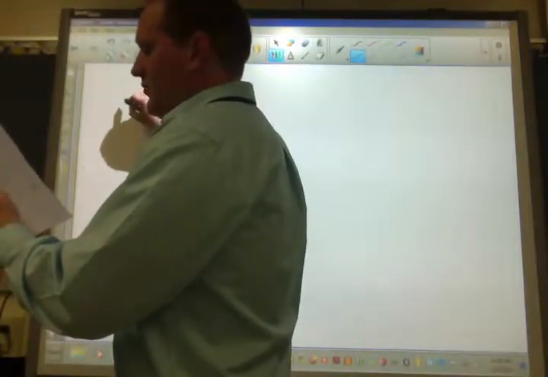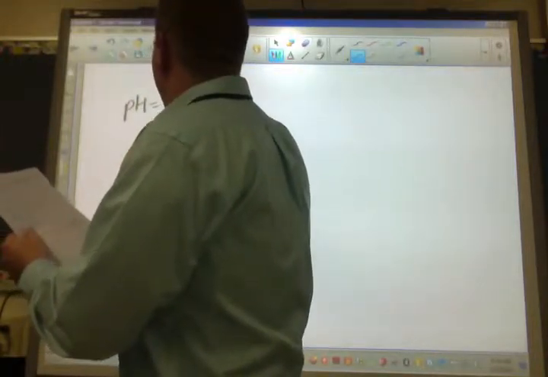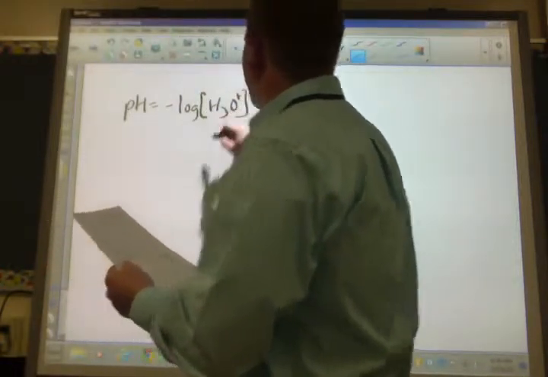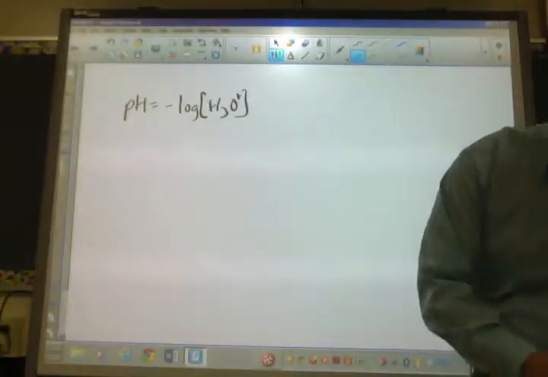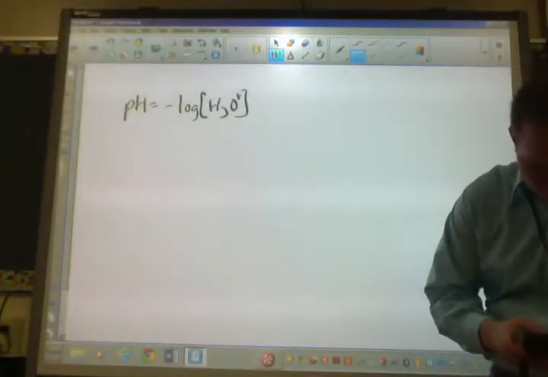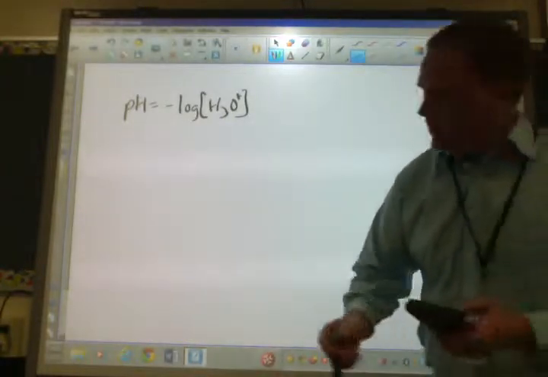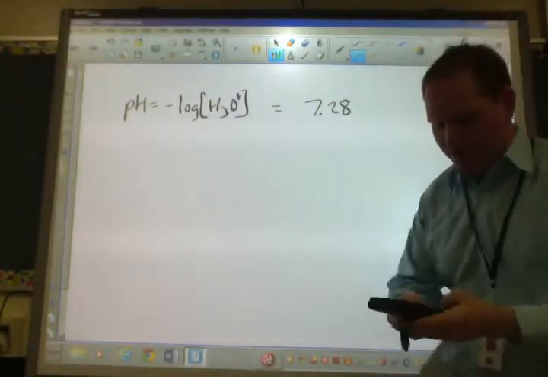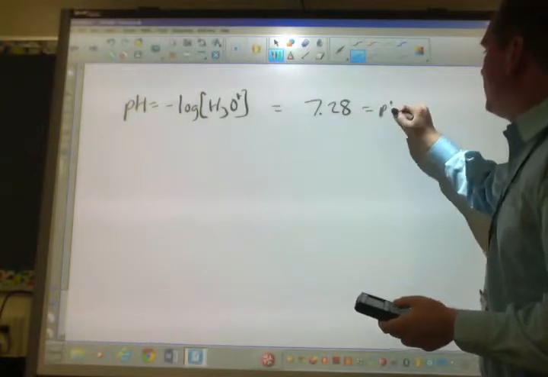So to find my pH from this, pH equals negative log of the concentration of hydronium. So negative log of 5.21 E negative 8 gives 7.28. So therefore pOH is 14 minus this.